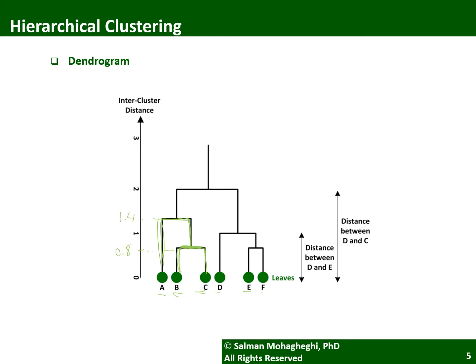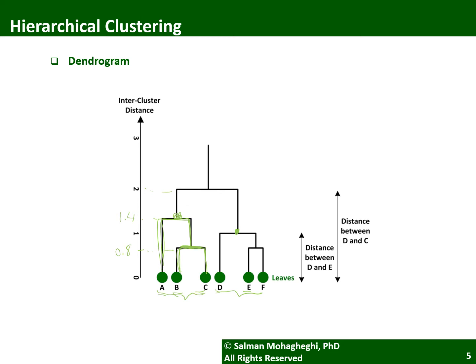So here, for example, notice that the cluster that consists of A, B, and C merges with the cluster that consists of D, E, and F at a height of 2. That tells you that it is true that they have merged eventually, but the distance between them is relatively large. So they are not necessarily close to one another or similar to one another.